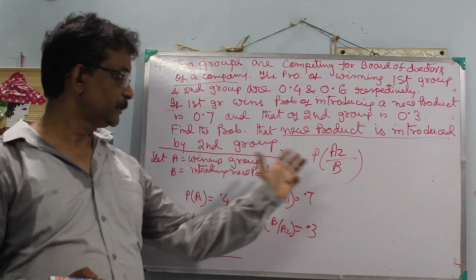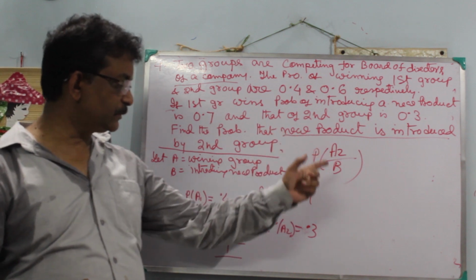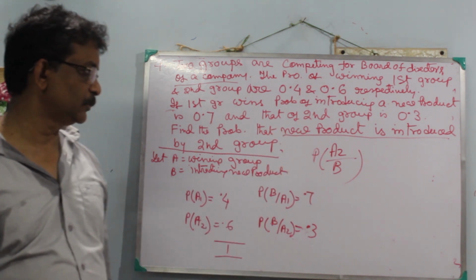That means it was given that it was introduced. What is the probability that it was introduced by the second group?